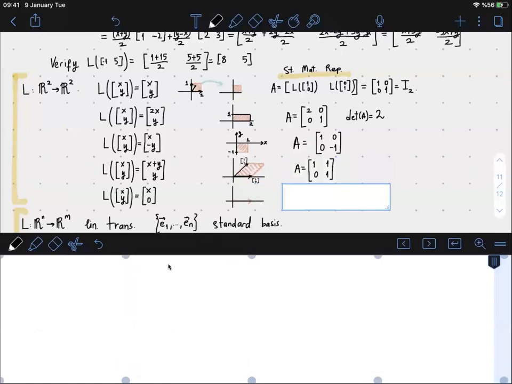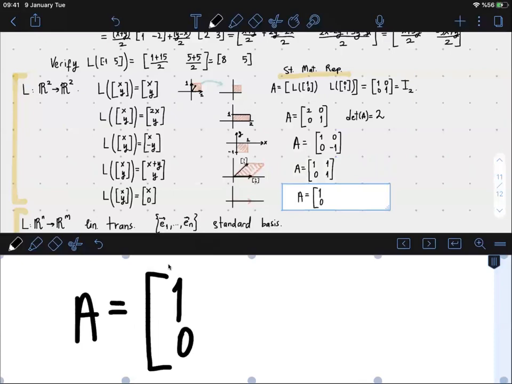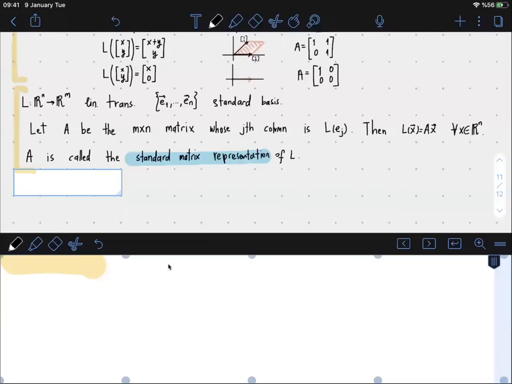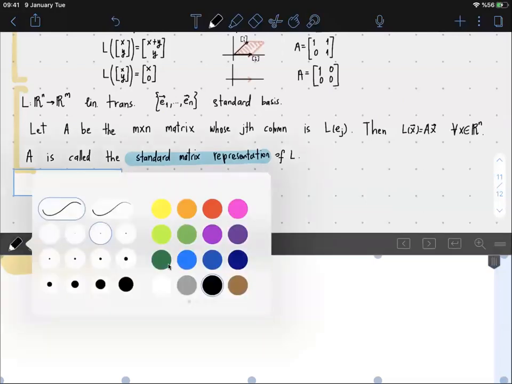Finally, the last example: the standard matrix of this transformation is 1, 0 is sent to 1, 0, and 0, 1 is sent to 0, 0. So this is the standard matrix representation. Let's find a little bit more complicated example. Let me make this red.